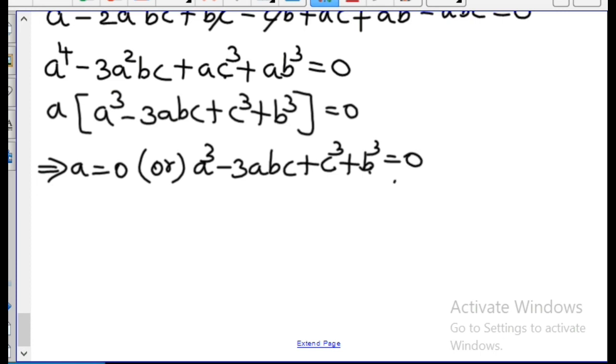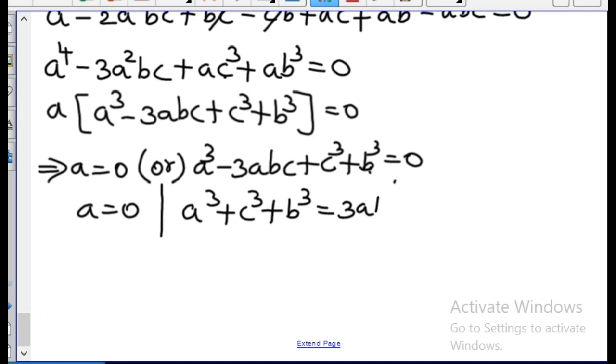So either a equal to 0, or you have a cube plus c cube plus b cube equal to 3abc. You bring the negative term minus 3abc to the right hand side, it will become positive. This is the expression we have to prove. This is the expression they ask in the question. That's all. Thanks.